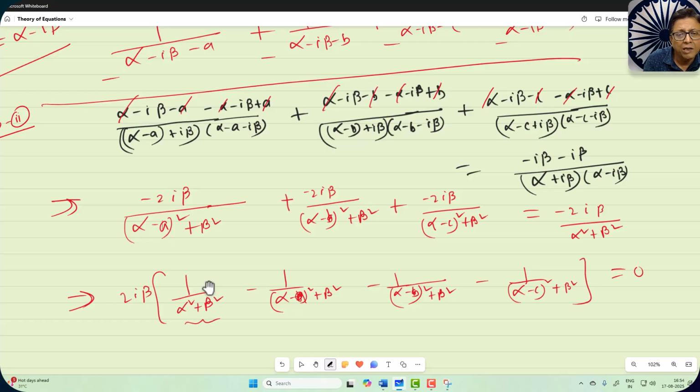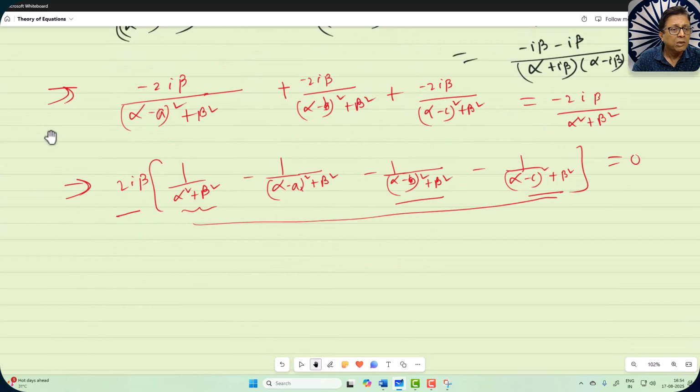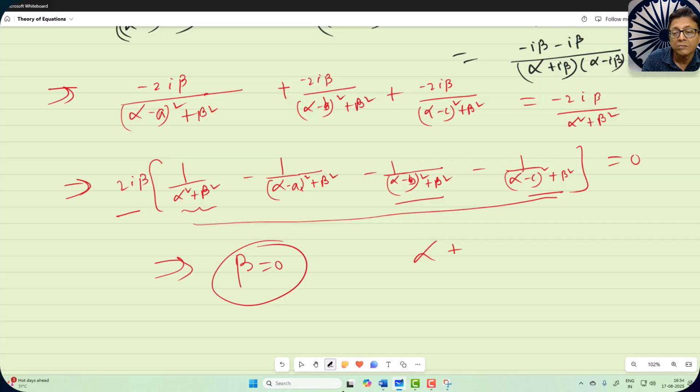So this is real, alpha beta real number. Alpha minus A whole square plus beta square, alpha beta real, this is real, this is real, this is real. So imaginary number into real number equal to 0. The possibility will be this thing equal to 0. This implies beta equal to 0. What we have taken? Alpha plus and minus I beta, these are two roots. Put beta equal to 0. So this part doesn't exist.